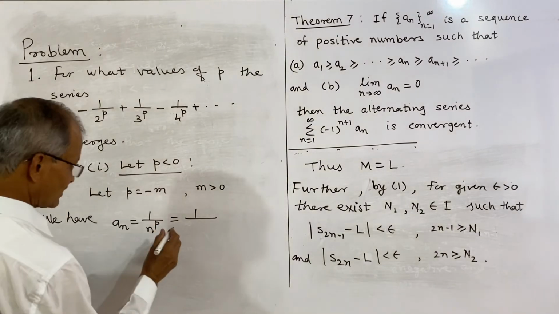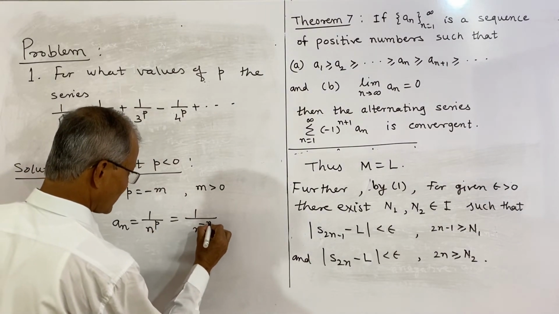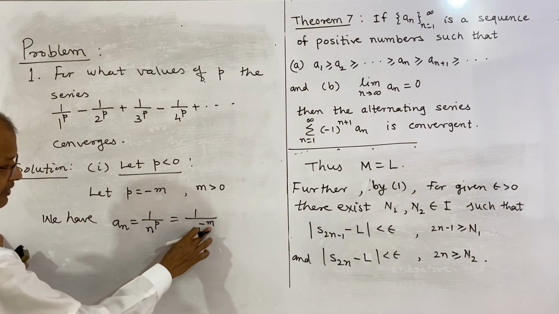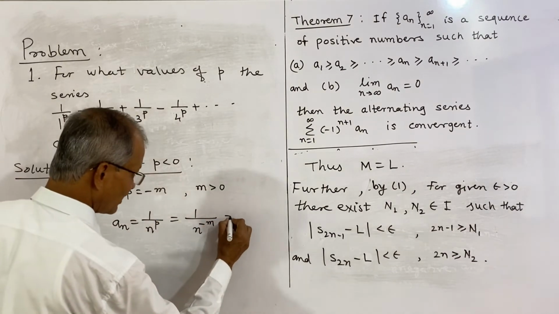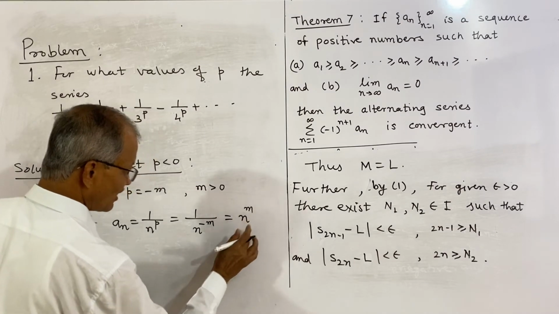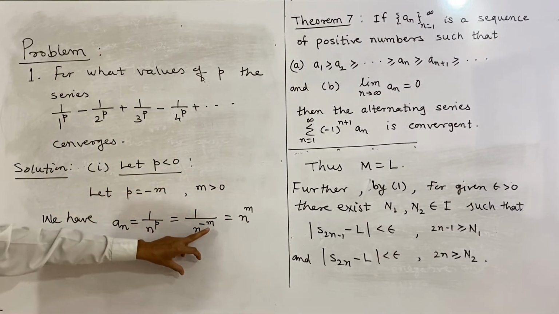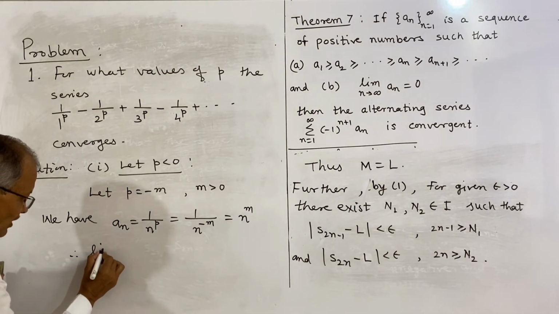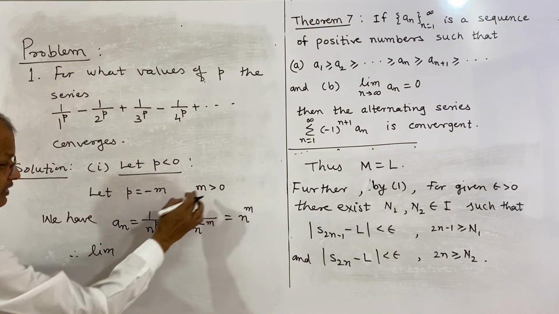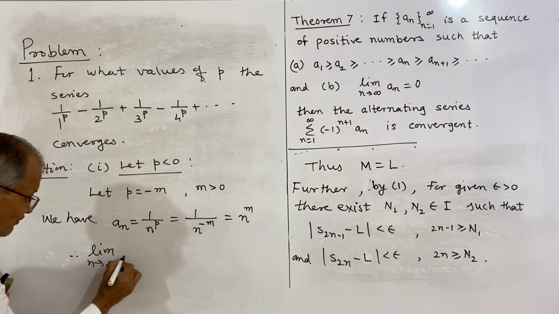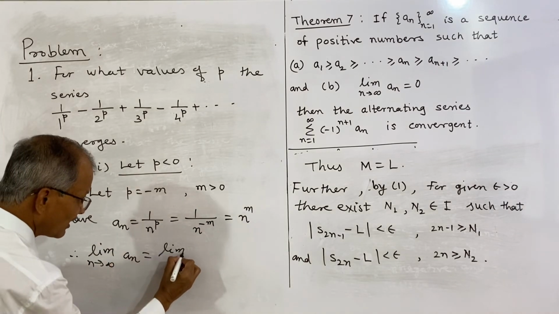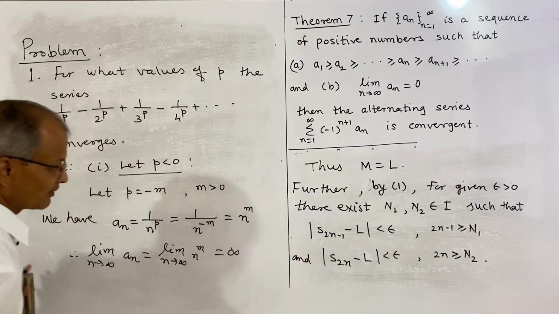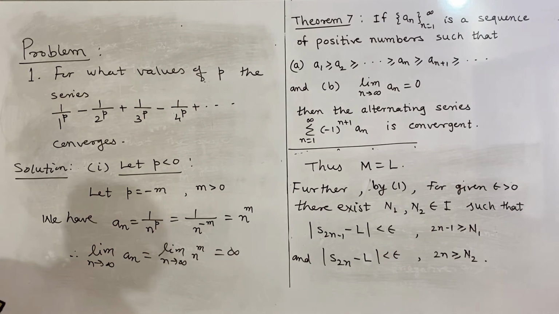P is minus m, so n to the power minus m, where m is greater than 0, and this may be written in the form n to the power m. 1 over n to the power minus m is n to the power m, and what is the limit of an? Since m is positive, the limit as n tends to infinity of an is equal to the limit as n tends to infinity of n power m, and that is actually infinity, which is certainly not equal to 0.